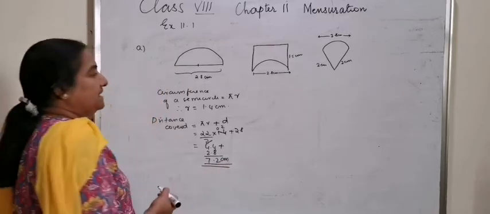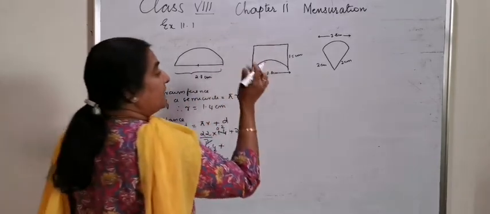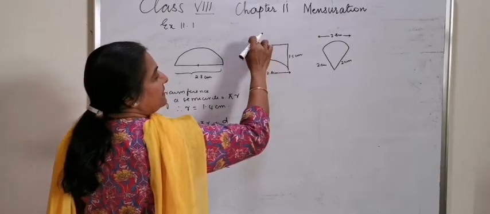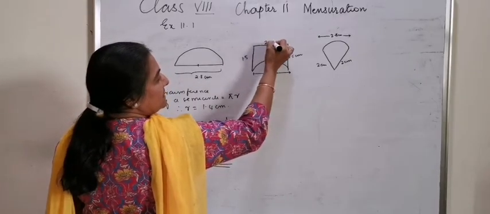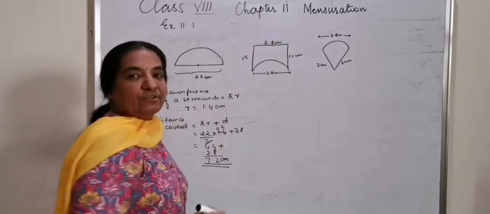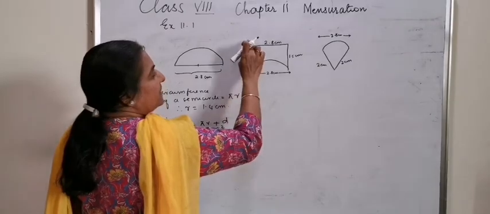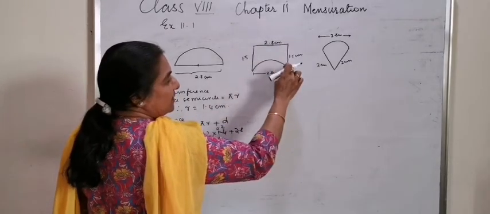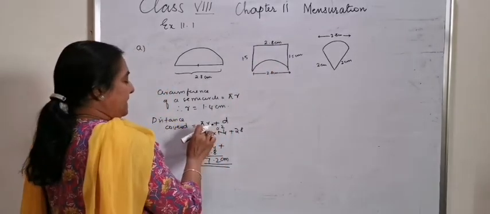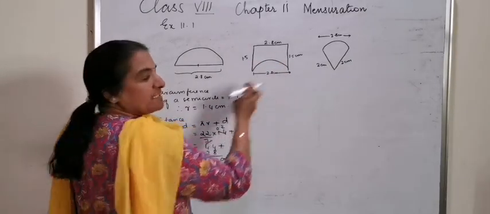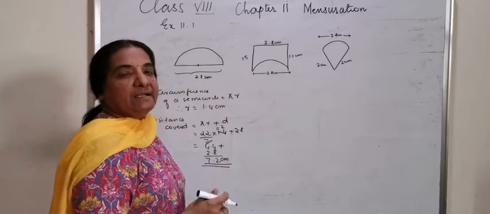7.2 centimeter. In this figure, the side is 1.5, this length also is like the diameter of the semicircle. That means a distance of 1.5 plus 2.8 plus 1.5 plus the pi r length we have calculated. There is no diameter part here, only the pi r distance.